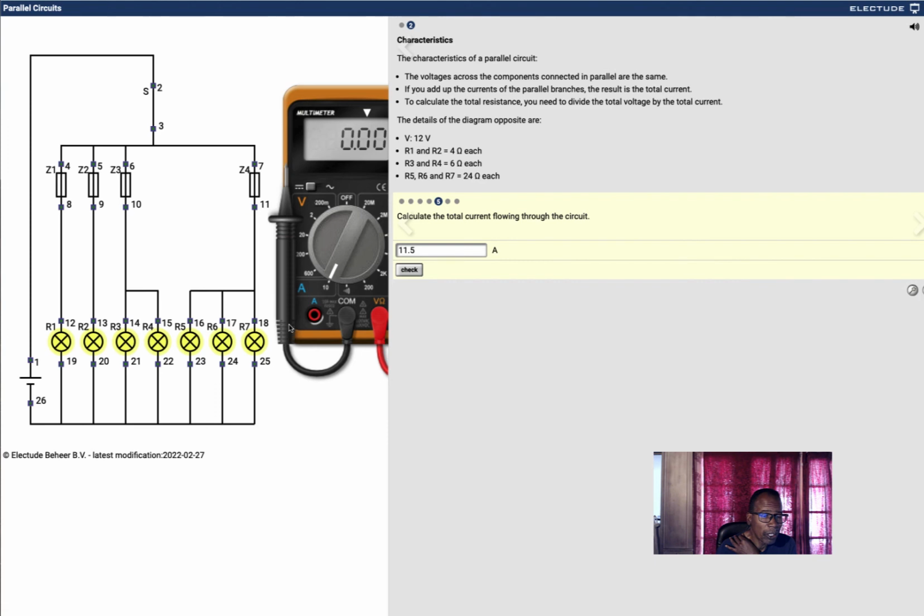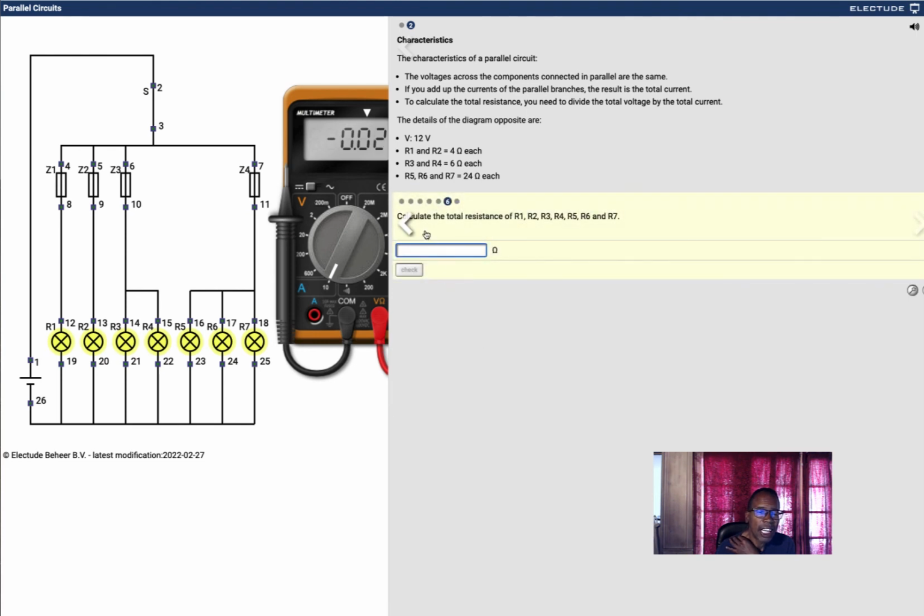And the total current, when you add them all up, because the individual current going through each leg in a parallel circuit is determined by the voltage coming from the battery, I should have 11.5.